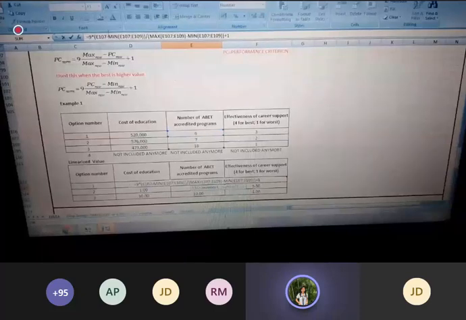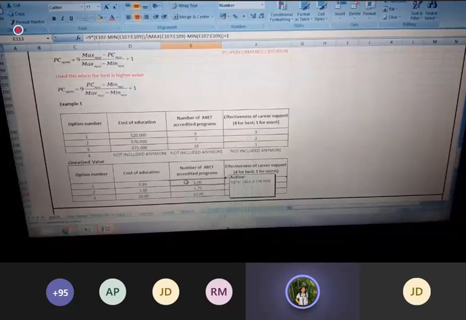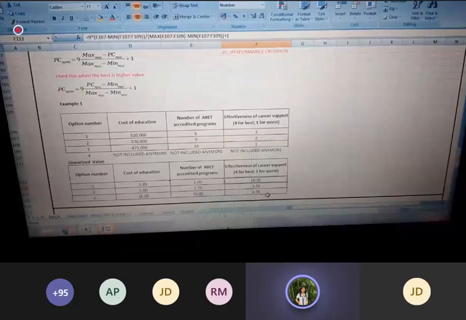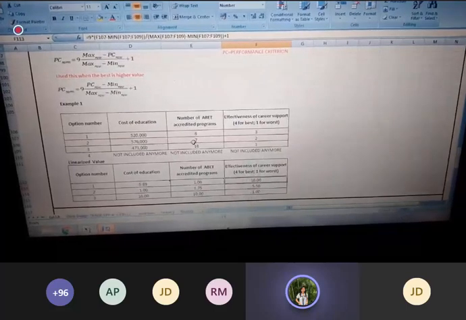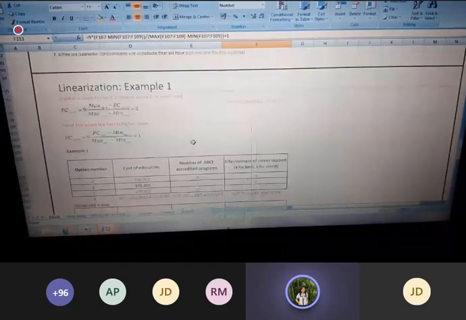I just need to follow the formula, and so on and so forth. So that's it for linearization.